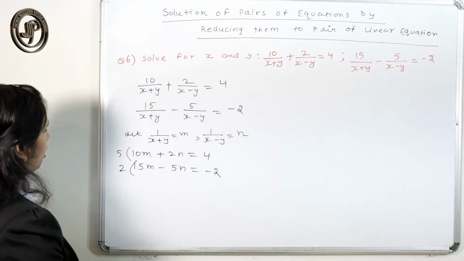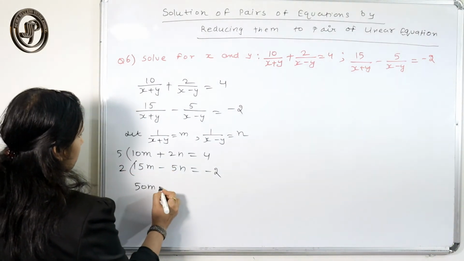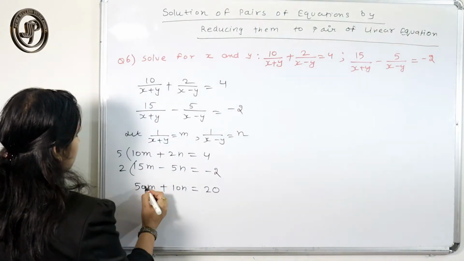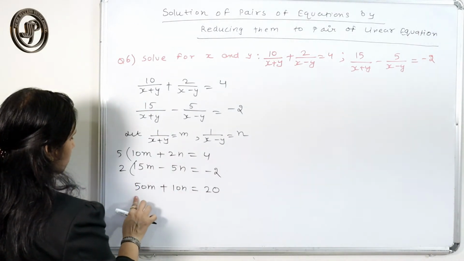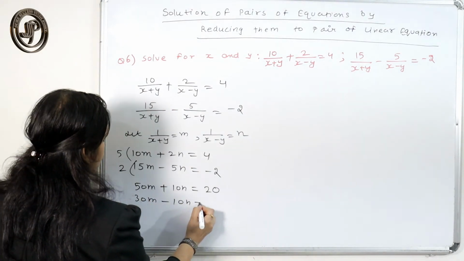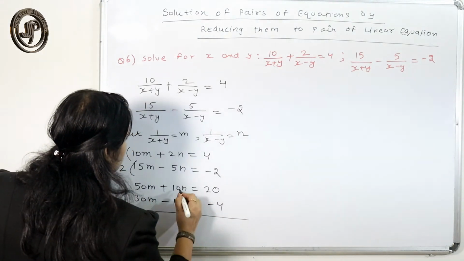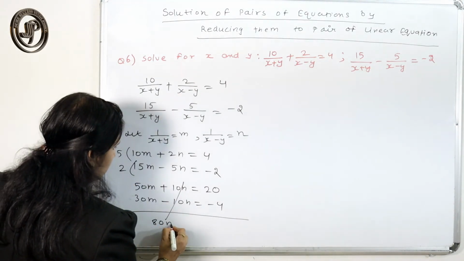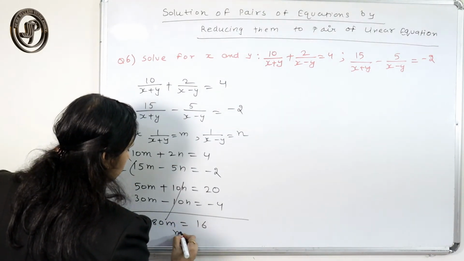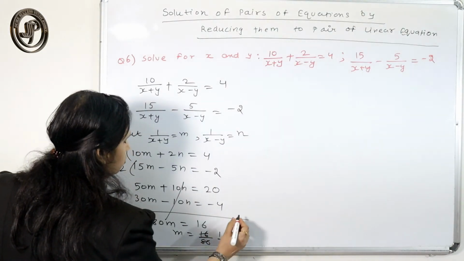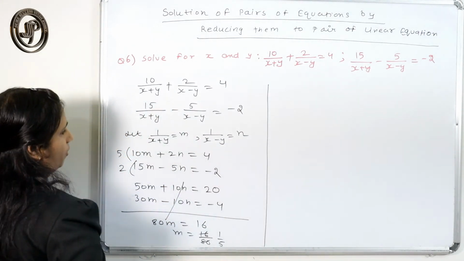Now this is 50m plus 10n is equal to 20, right? And this is 30m minus 10n is equal to minus 4. No need to change the sign, this will cancel out. So here it is 80m is equal to 16. So m will be 16 upon 80, which is equal to 1 by 5.